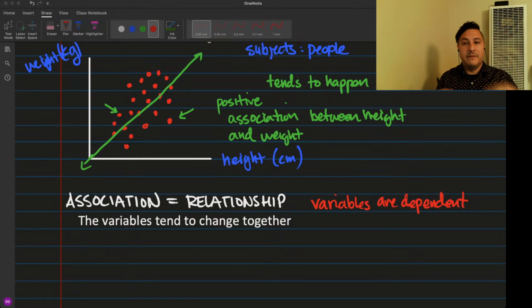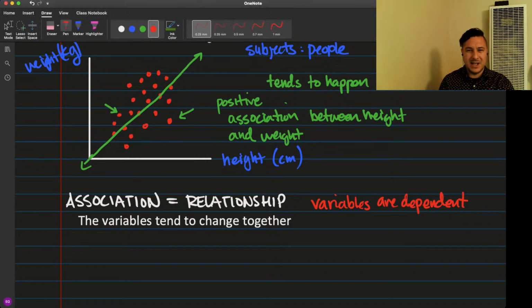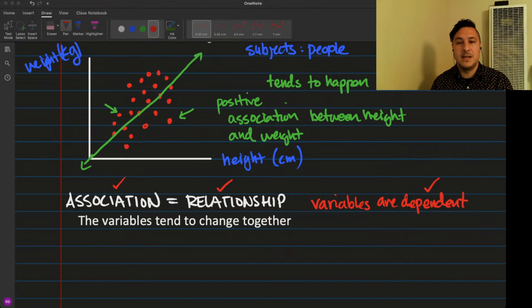If this one gets bigger, the other one also usually gets bigger. This is sort of annoying because there are 3 different words that mean the same thing. If we talk about an association between variables, we mean that there's a relationship between the variables, which means that the variables are dependent. So you might encounter any of those 3 words, but they practically mean the same thing.